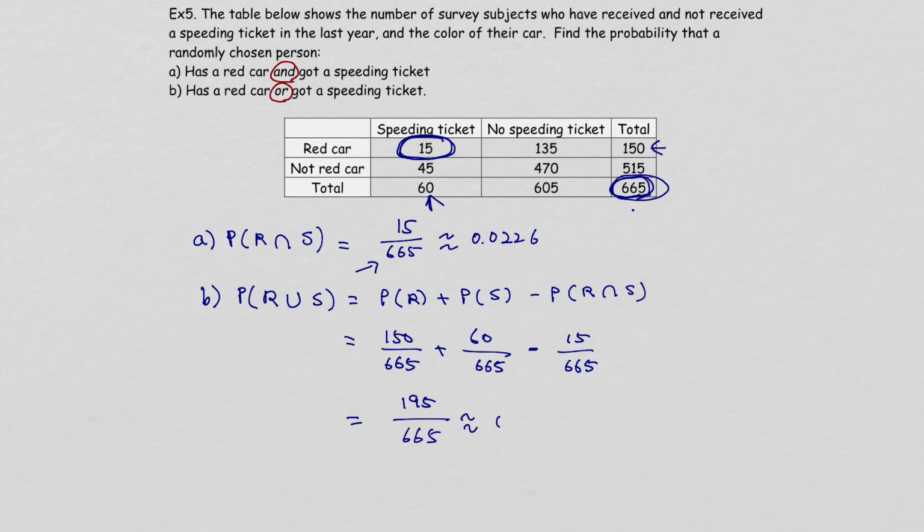Decimal form will be 0.2932. So it looks like "or" will give a higher probability, right? Red or speeding ticket has a higher probability than red and speeding ticket. And that kind of makes sense, right?